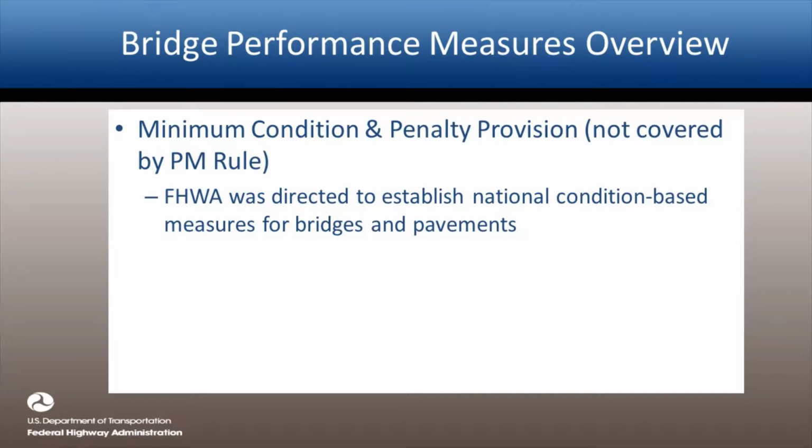Also in MAP 21, in the legislation, Congress put a minimum condition and penalty provision. This part's not really covered in the rule we published, PM3, which is the rule that covers bridges. It was established under the legislation.